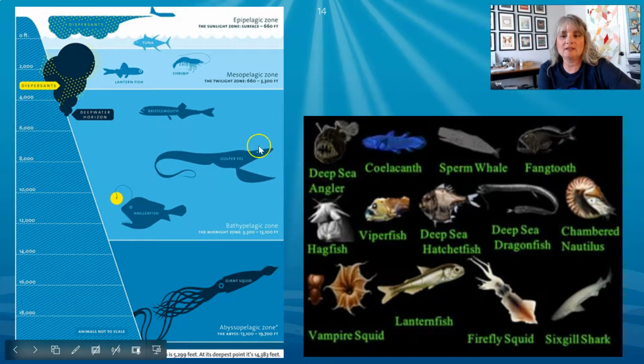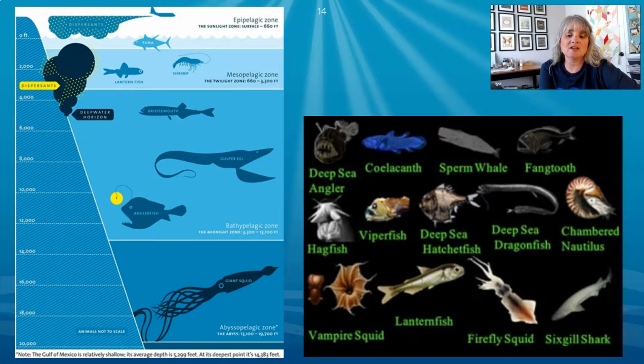Even this is really deep, and we've got really, really deep down here in this zone. We're not going to learn all these different types of zones. Here are just some pictures of some animals that live in the deep ocean. We will discuss in class some of the conditions that you thought of that might make it difficult to live in the deep ocean.